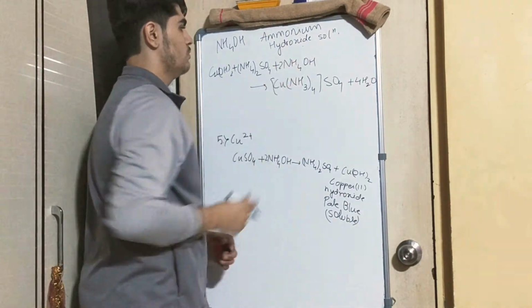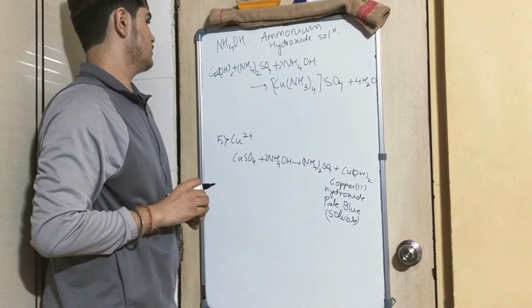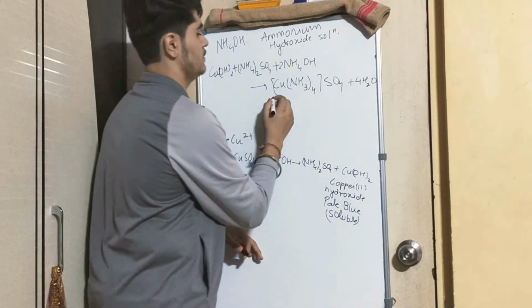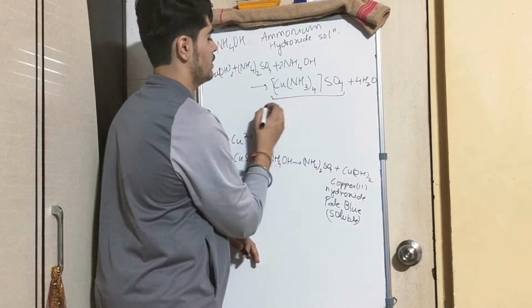Here is 2 moles of NH4OH. Understanding?